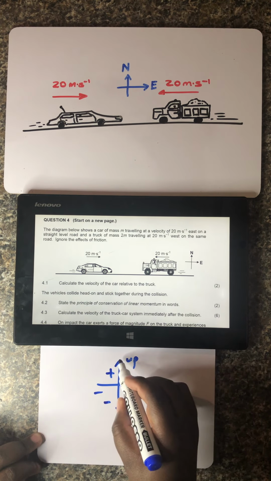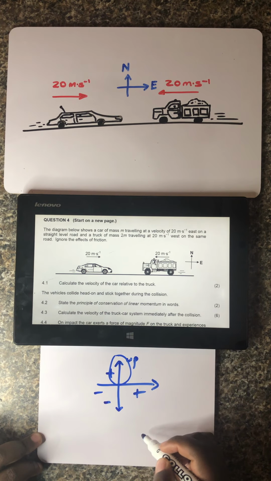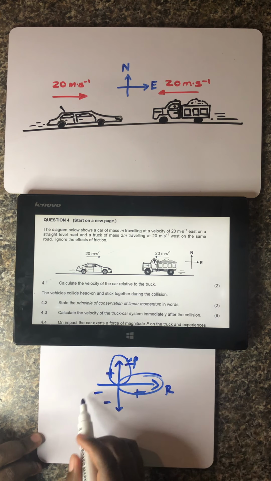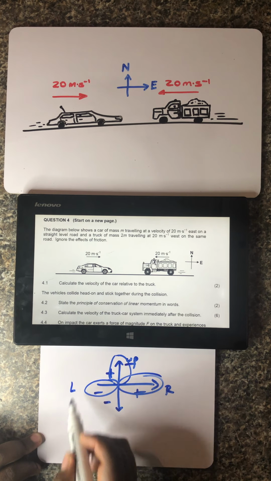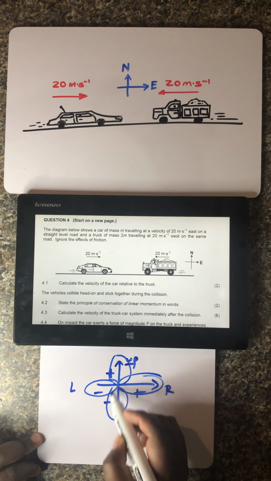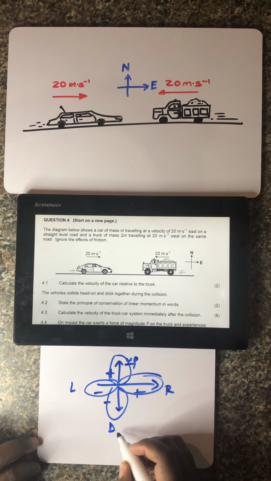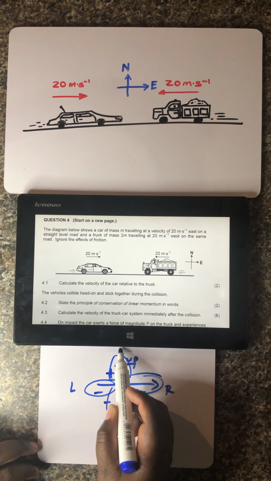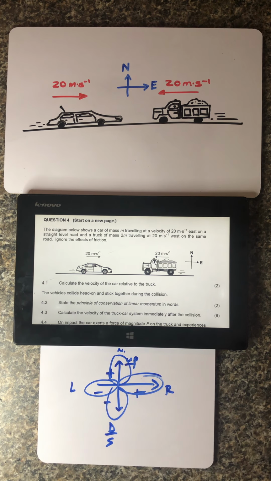Negative is downwards or southwards, and positive means northwards or upwards. Very, very much important.